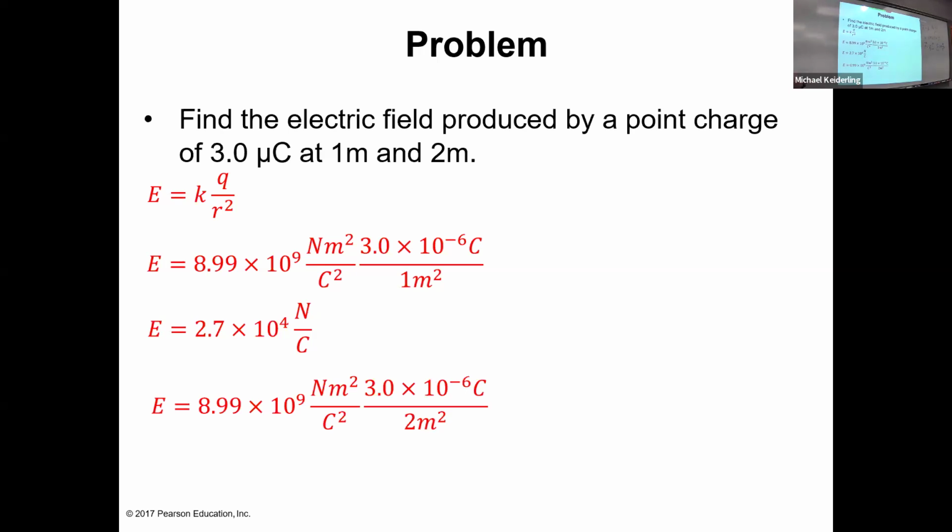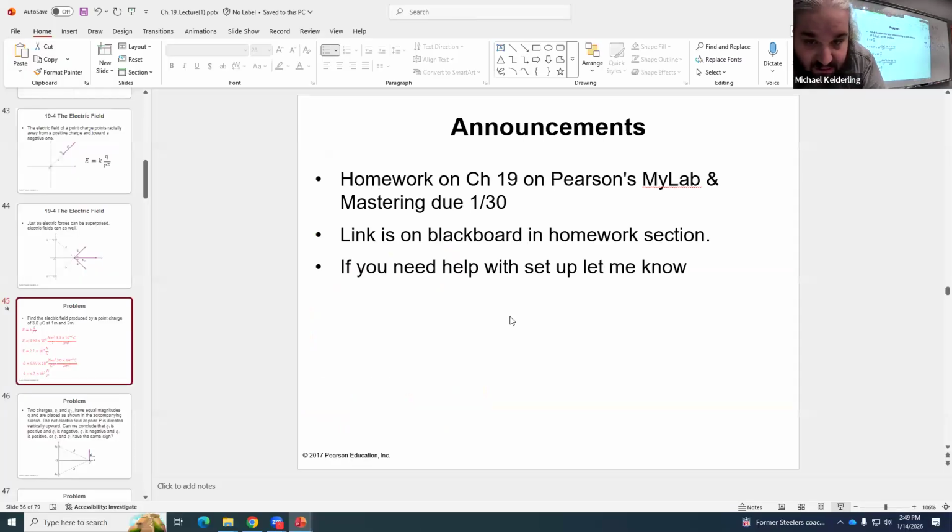For 2 meters, the electric field is 8.99 times 10 to the 9 newton meters squared per coulomb squared, times 3 times 10 to the minus 6 coulombs, divided by 2 meters squared. I should add parentheses on these.